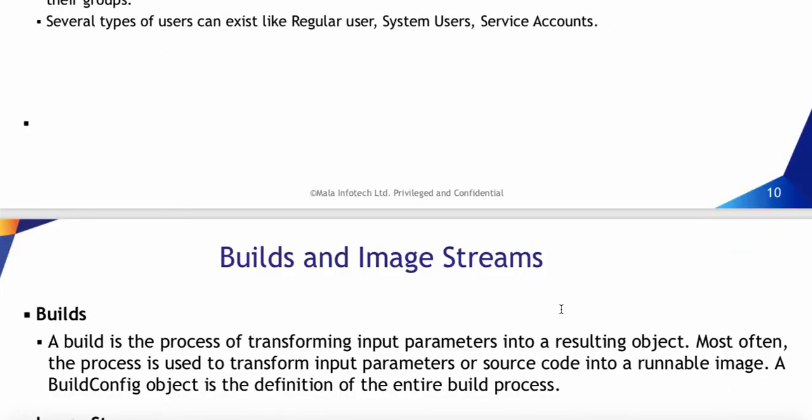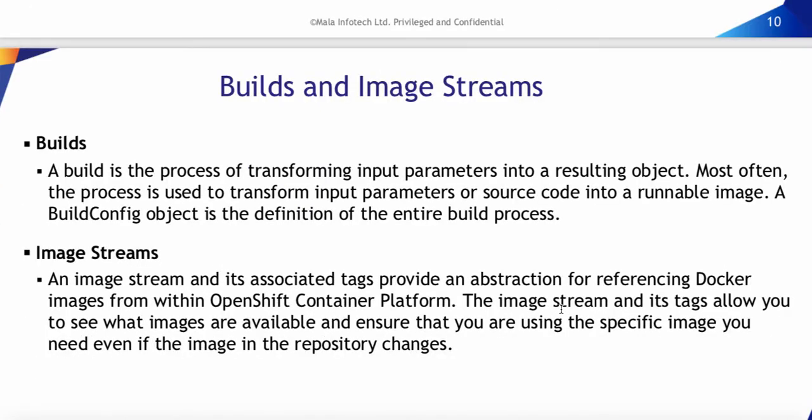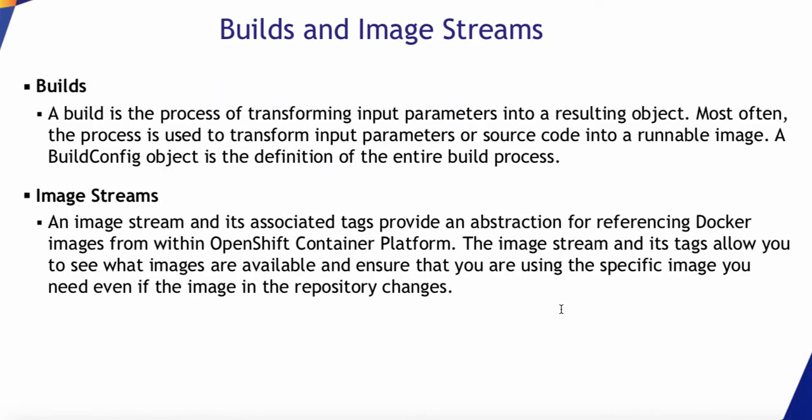In the following slide, we see builds and image streams. The main concept behind it is that builds and images hold all the namespaces along the stream. A build is a process of transforming input parameters into a resulting object, which is a very simple format of a build.